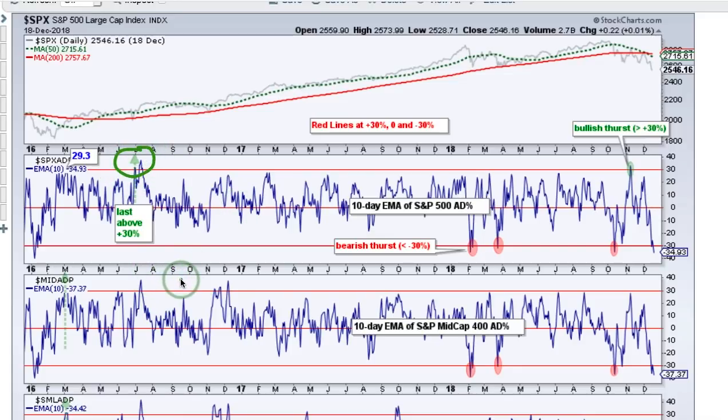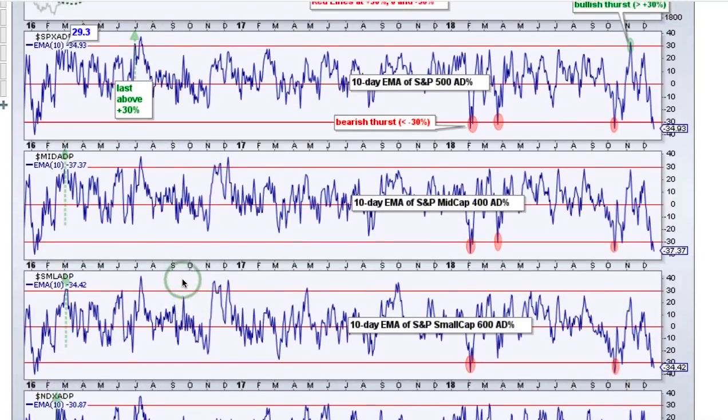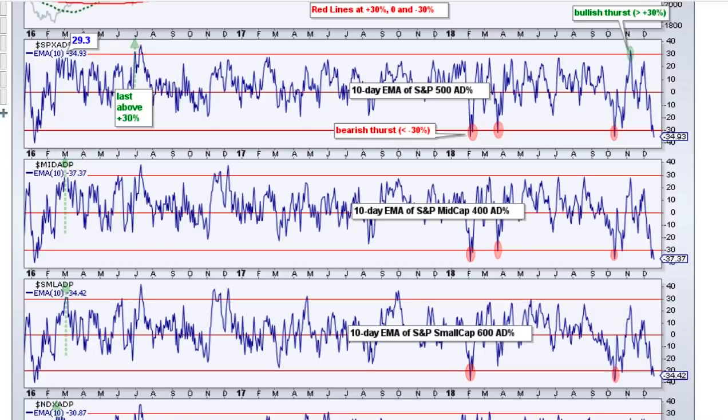All right, and I'll go ahead and move down to focus on the S&P 500, S&P Mid-Cap 400, and S&P Small-Cap 600. So we can see that in March, two of the three had a breadth thrust above plus 30%. And so that triggered a bullish breadth signal for that indicator because two of the three were bullish.